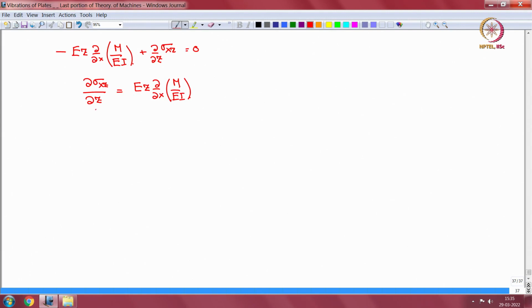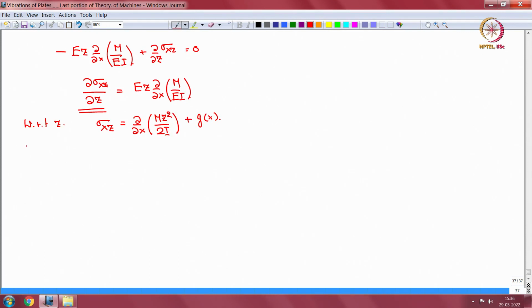Now what happens? If I integrate with respect to z, then my sigma xz becomes del by del x of M z square by twice I plus g of x.